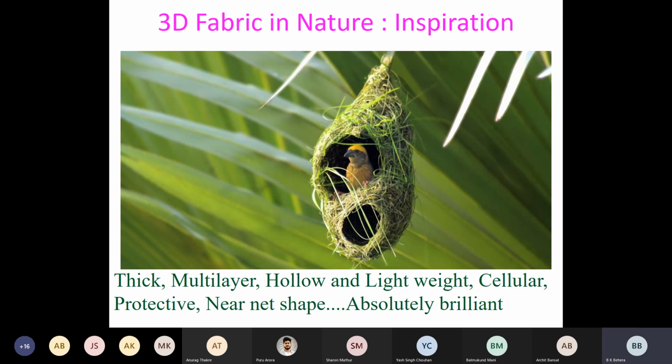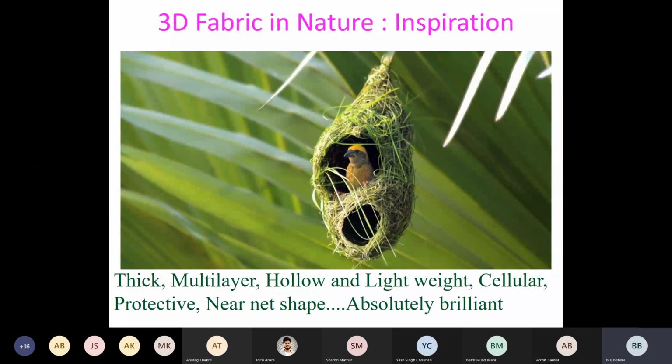We want to make 3D fabric of all these characteristics. And when I complete all the different types of 3D fabrics in the next 3 lectures, you will find exactly we are looking at these characteristics.